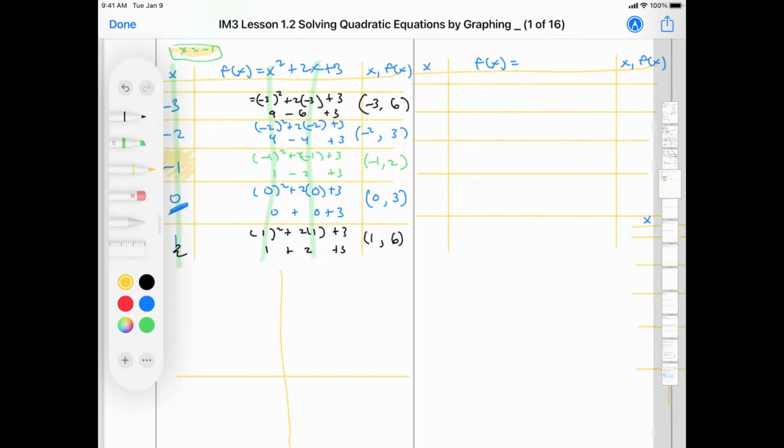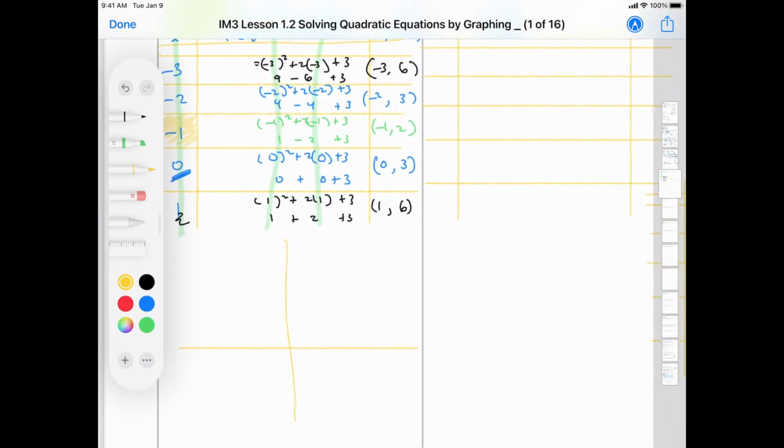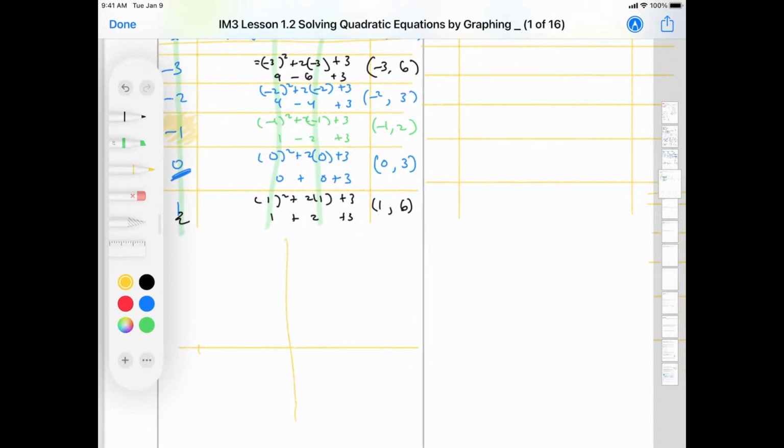Look ahead. I have -3, -1, -2, going up to 6. 1, 2, 3, 4, 5, 6. Do your best to make them equidistant. So -3, 6, left 3, up 6. -2, 3, left 2, up 3.